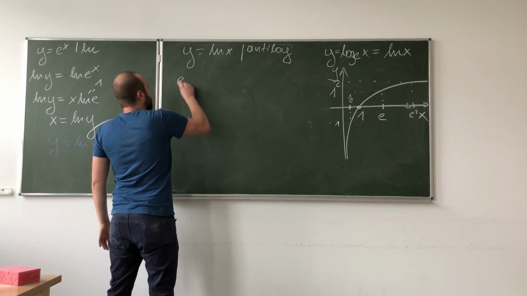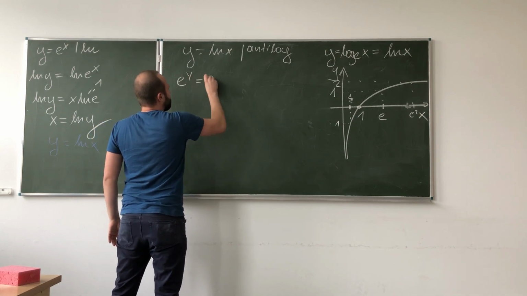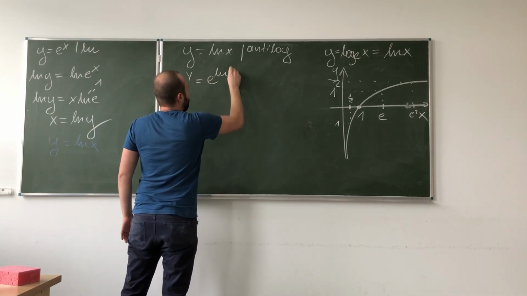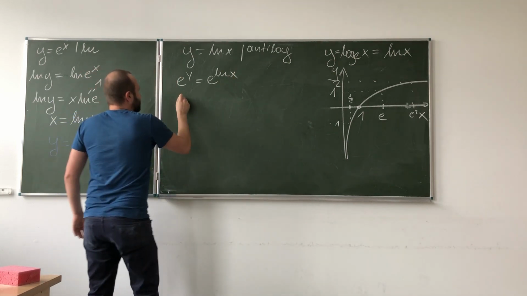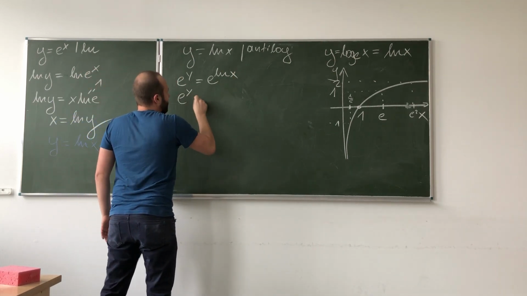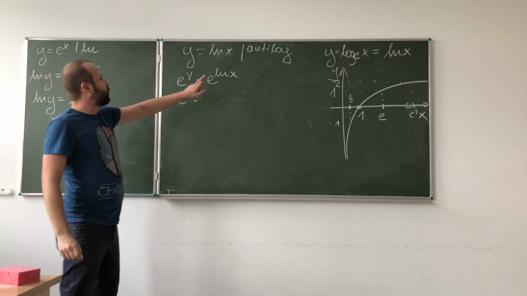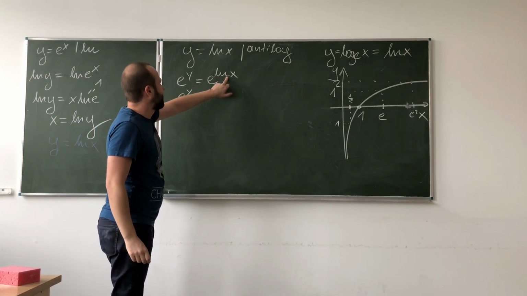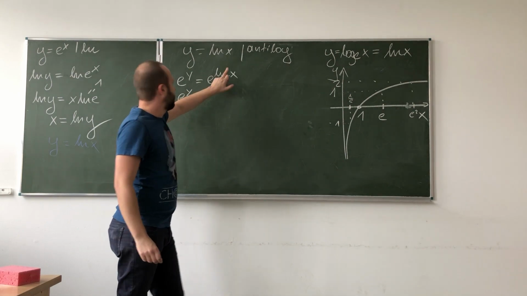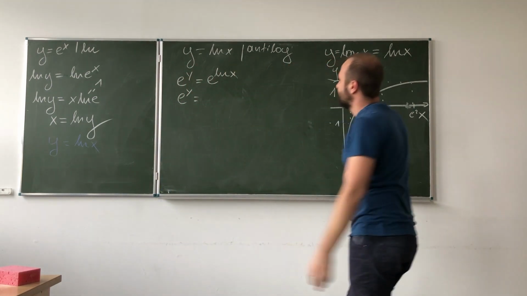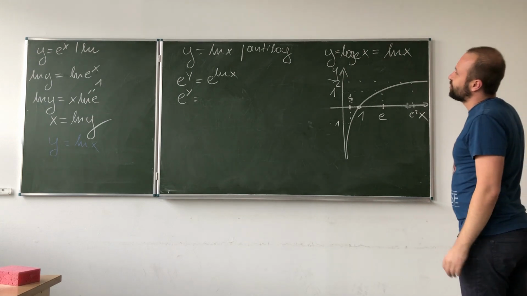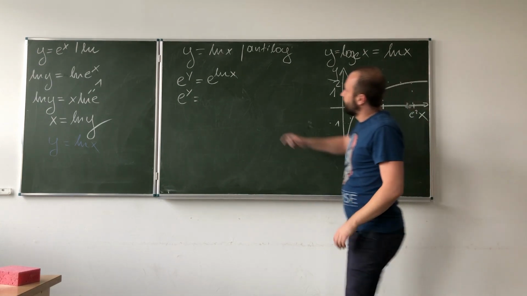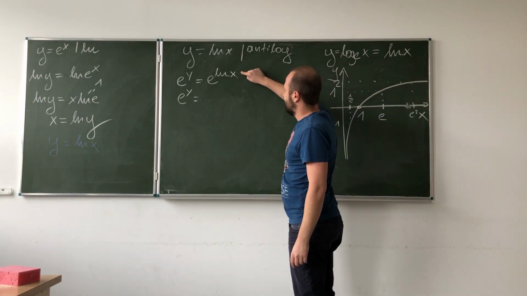So we've got e to the power of y equals e to the power ln x. Okay, let's leave it the way it is here, and now think to which power I need to take e in order to get x.